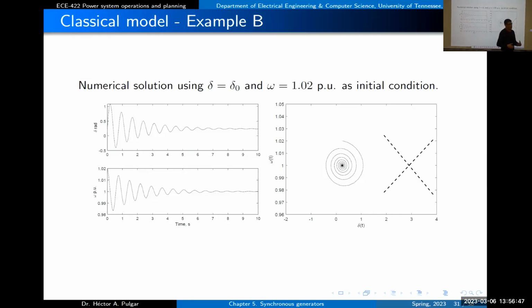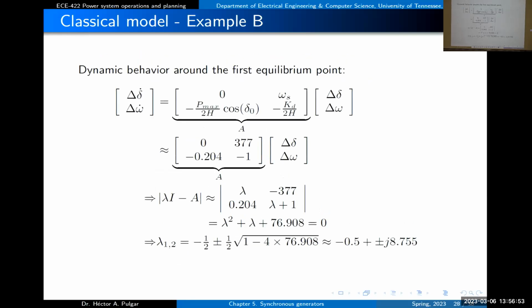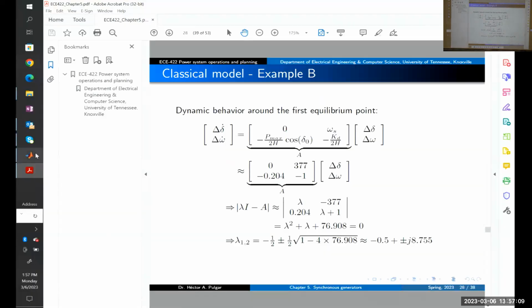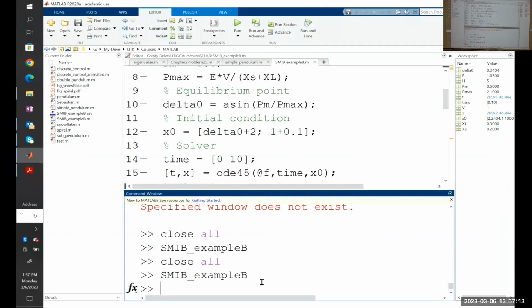That frequency will have to do with the eigenvalue that we obtain for the stable focus. So if you take this number, this is radians per second. If you take this number and divide it by 2 pi, you will get the frequency of the oscillation. So let's check. I have Matlab right here. What is the value?